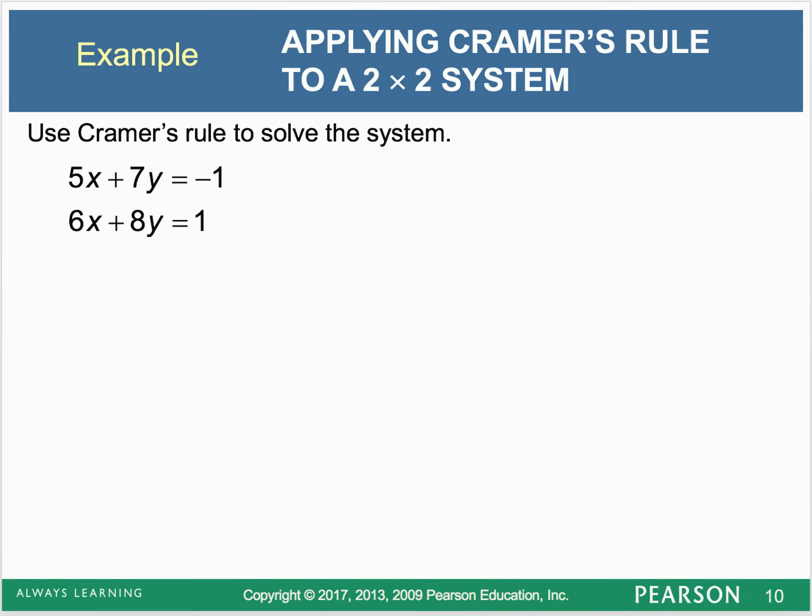Okay, so it says let's use Cramer's rule to solve this system. So when we use Cramer's rule, because we only have 2 variables here, I'm going to have 3 matrices. So this matrix, your D matrix that you want to evaluate first, consists of just putting up the coefficients of your variable terms.